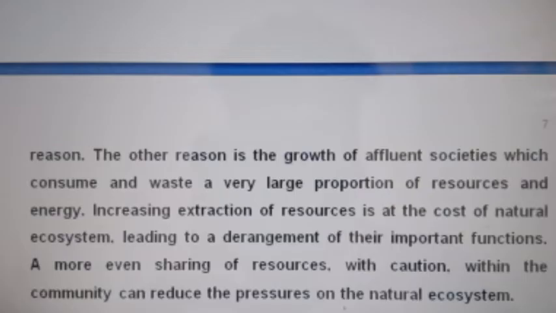Increasing extraction of resources is at the cost of natural ecosystem, leading to a derangement of their important functions. A more even sharing of resources within the community can reduce the pressures on the natural ecosystem.